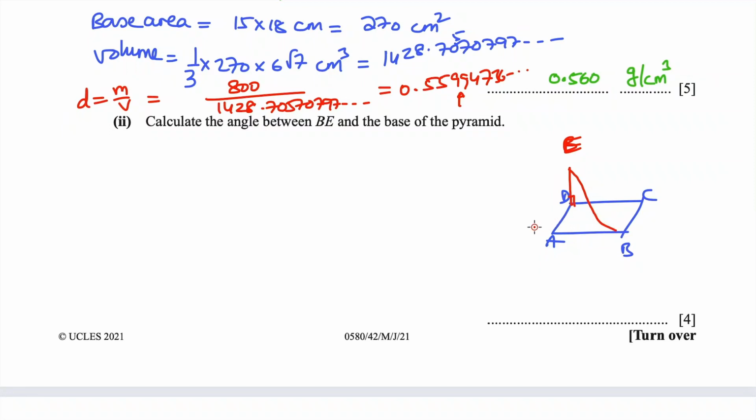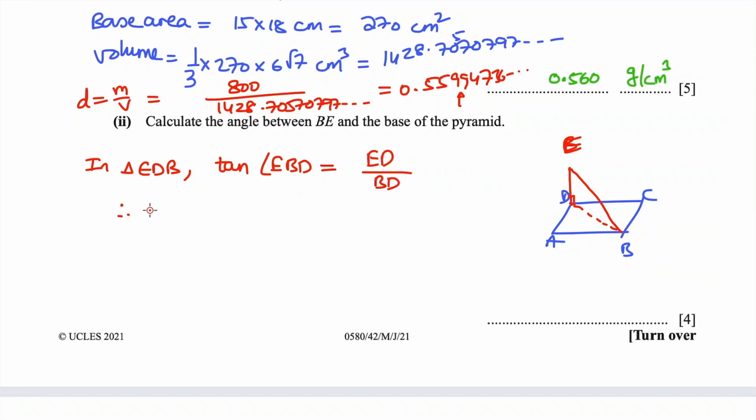So what can we say? We can say that in this triangle, in triangle EDB, tan of angle EBD will be equal to the opposite side, which is ED divided by BD.